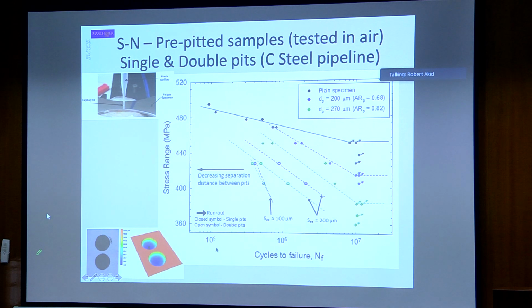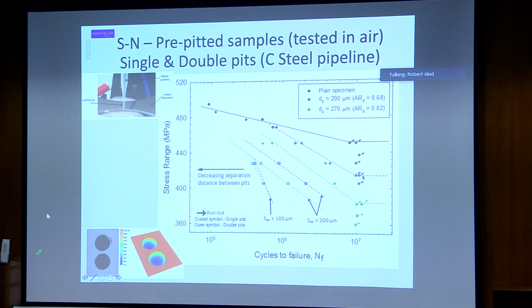stress versus number of cycles fatigue tests and look at the failure point. And you can see here in the black circles we have a plain specimen that's without any of the pits in it, and we get a fatigue limit for that material. That's a carbon steel pipeline.